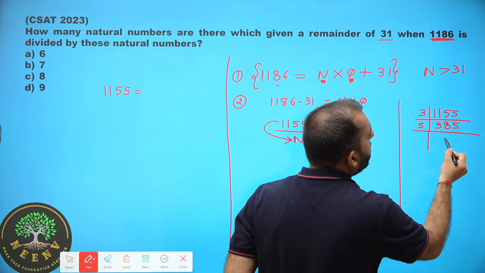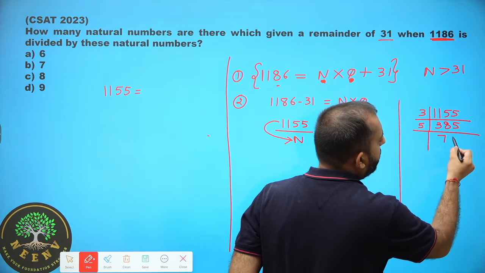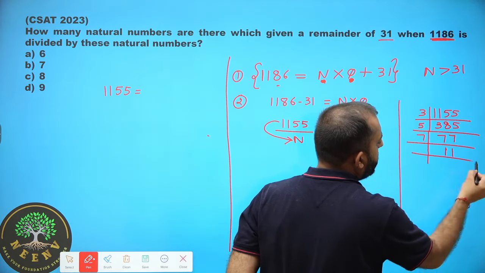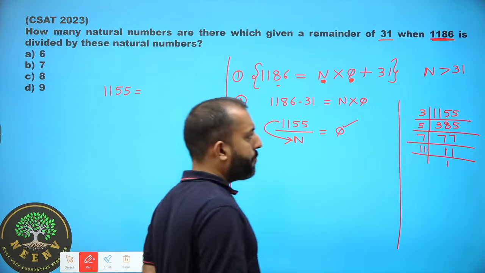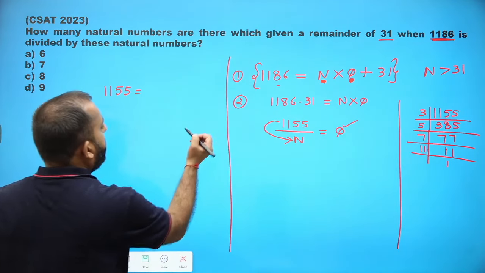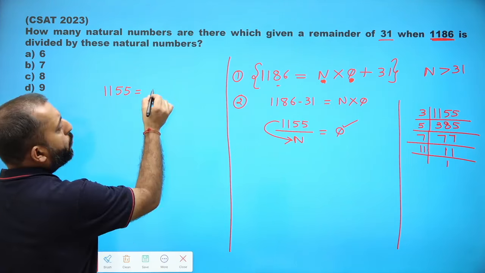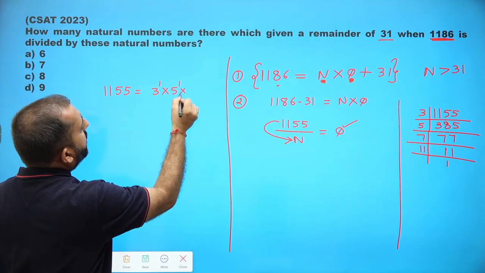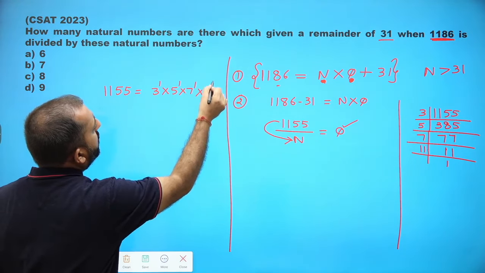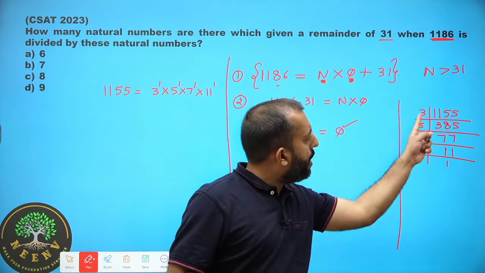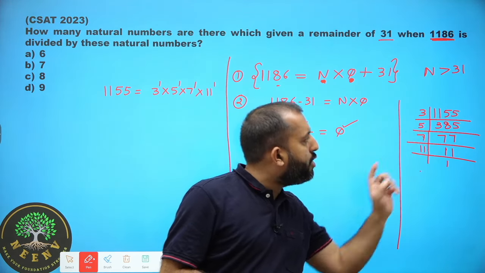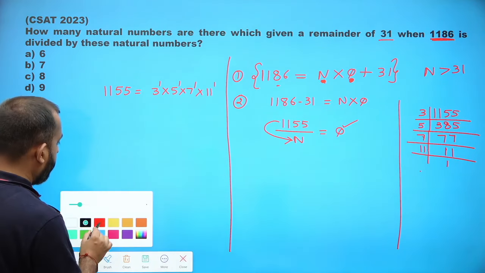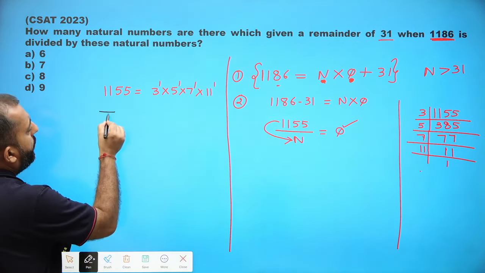Now 5 7s are 35, 7 11s are 77, 11 1s are 11. So when we factorized it, we got 3 power 1 into 5 power 1 into 7 power 1 into 11 power 1. See, 3 into 5 into 7 into 11 is what? 1155.